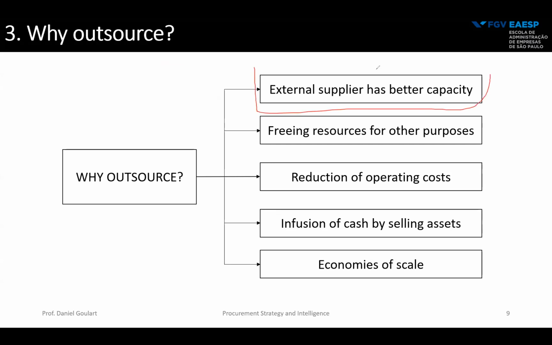An external supplier has better capacity to produce what's being produced in-house, freeing resources for other purposes. I mean, as I mentioned in the beginning of the class, when you decide to make, when you decide to verticalize, when you decide to integrate your supplier, you need cash.